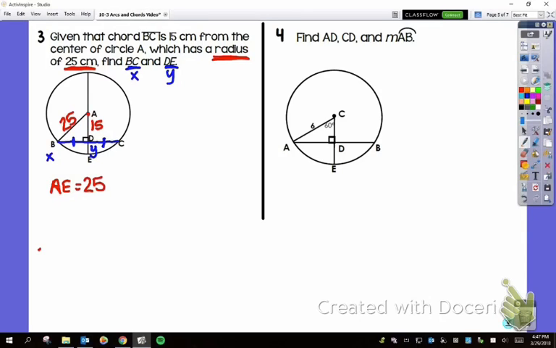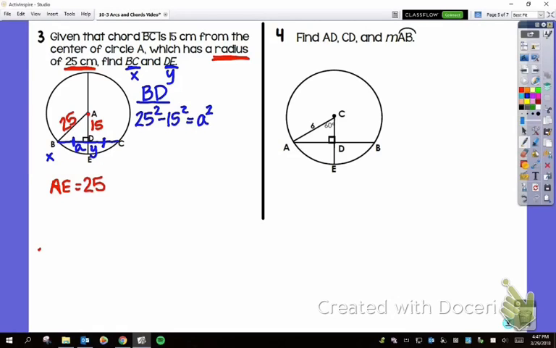Okay, so to find BD, we're going to use the Pythagorean theorem. Now, Pythagorean theorem, a squared plus b squared equals c squared, but in this case we have our c, so we're going to subtract. 25 squared minus 15 squared equals, I'm just going to call it a squared. Okay, let's call this part a.